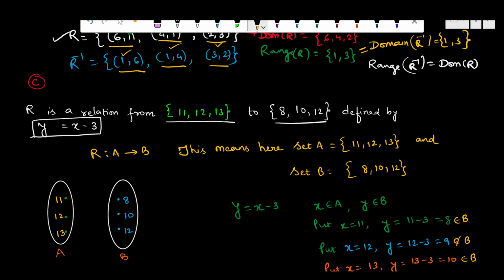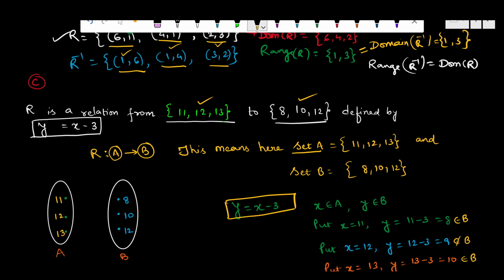Now R is a relation from set A to set B, where we have assumed that my set A is this and my set B is this, and it also satisfies this condition, right?